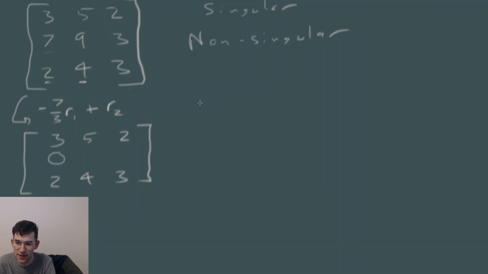Next, negative 7/3 times 5 plus 9 equals, 5 times negative 7/3 is negative 35 thirds plus 9. 9 times 3 is 27, so I have 27 thirds.